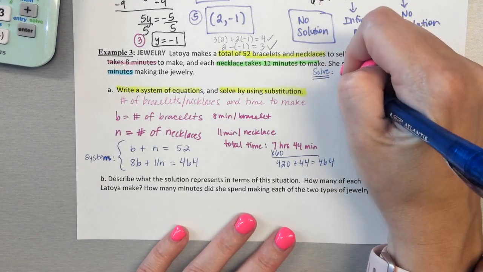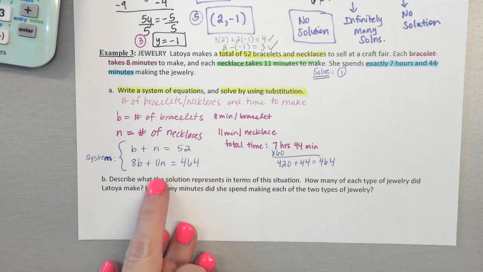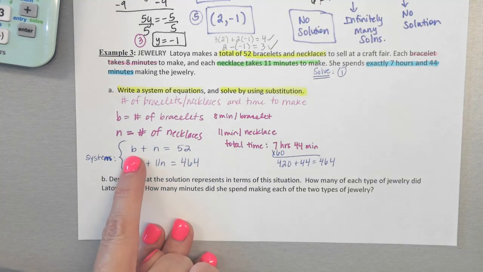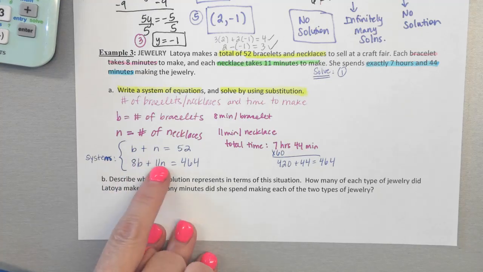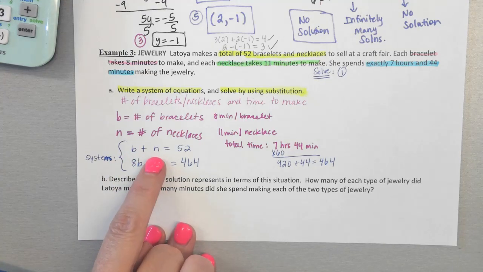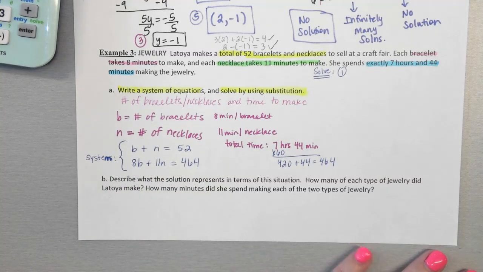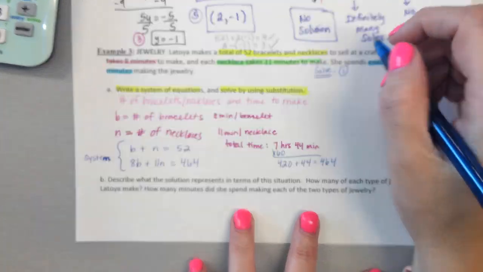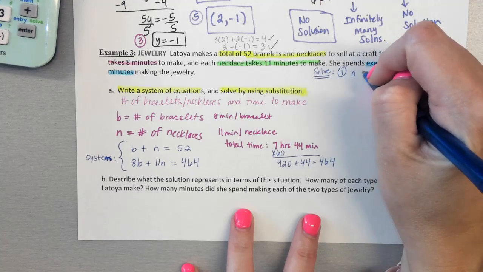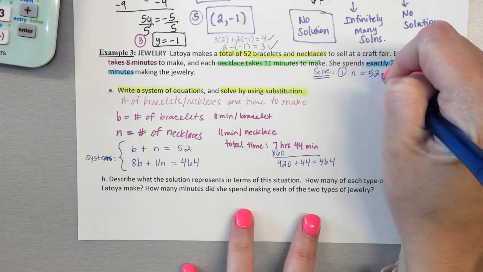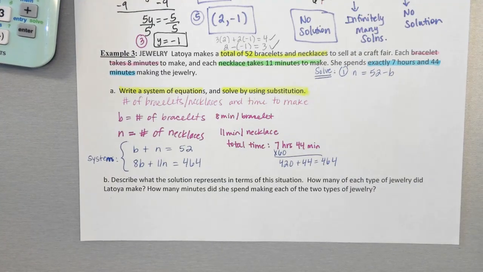So the first step is to solve one of these for a variable. Both B and N have a coefficient of 1, so it's viewer's choice. You get to pick. B. I chose N. But we can do B. I picked N. You do not have to do it.